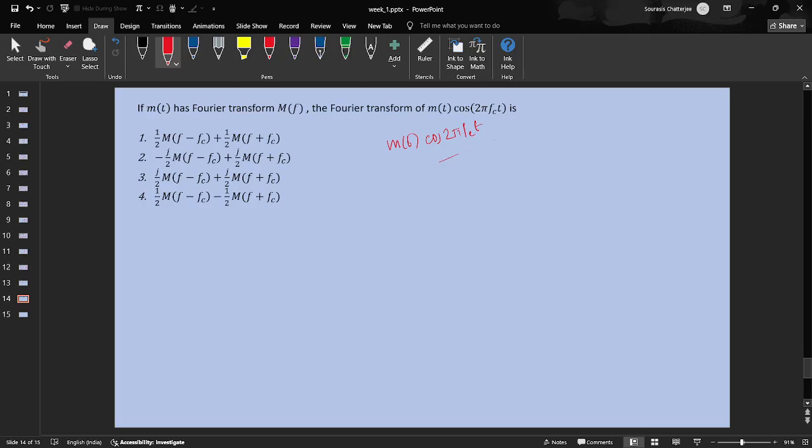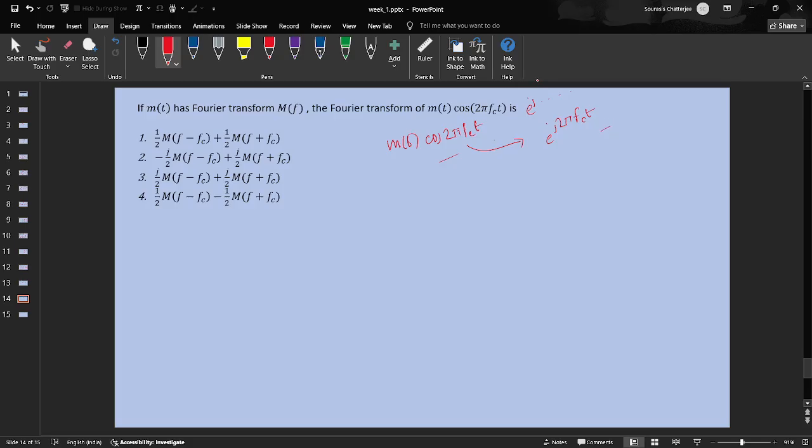So is there any shortcut way you can take, based on whatever we have seen in week 1, the content especially? So this cos 2 pi fct, if I plan to write it in terms of complex sinusoid like e to the power j something, what should it be? e raised to j 2 pi fct, fine.